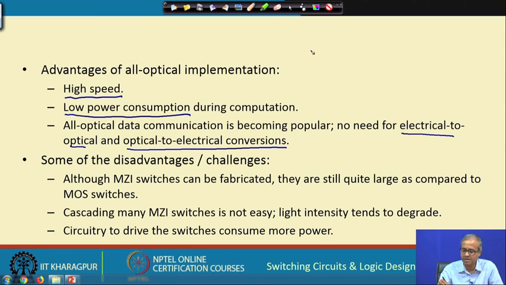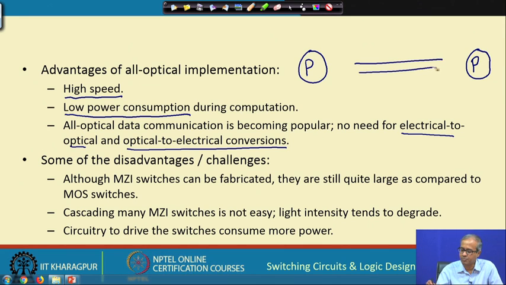Normally you have a processor, you are doing some calculations, on the other side there can be another processor doing some calculations, and your communication medium can be all optical. So, here you need to convert electronics to optics, and on the other side you need to convert optics to electronics. So, if this processing can also be done in the all optical domain, then these conversions will not be required.